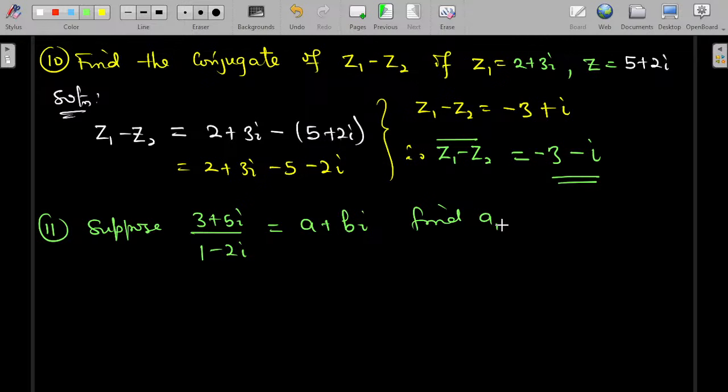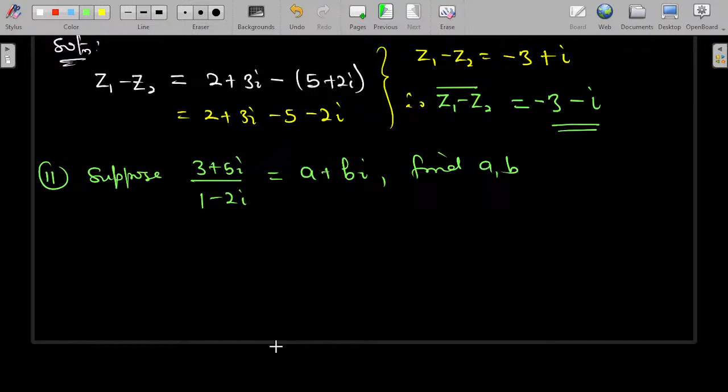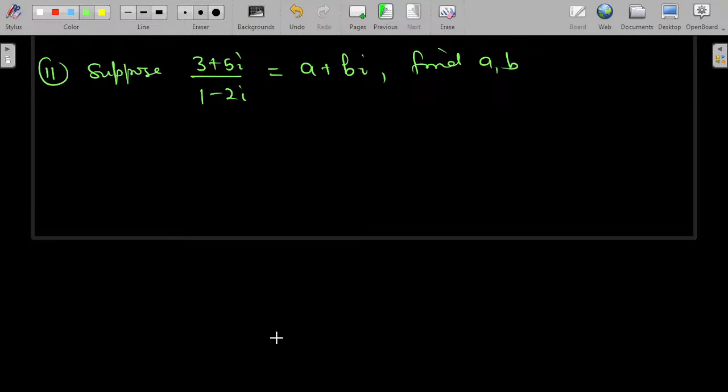Okay, so invariably here you have two complex numbers dividing, and they are only asking you to simplify this to be a single complex number, and then whatever is in the position of a is the value of a, whatever is in the position of b becomes the value of b. And like we did under division, you just take conjugate.